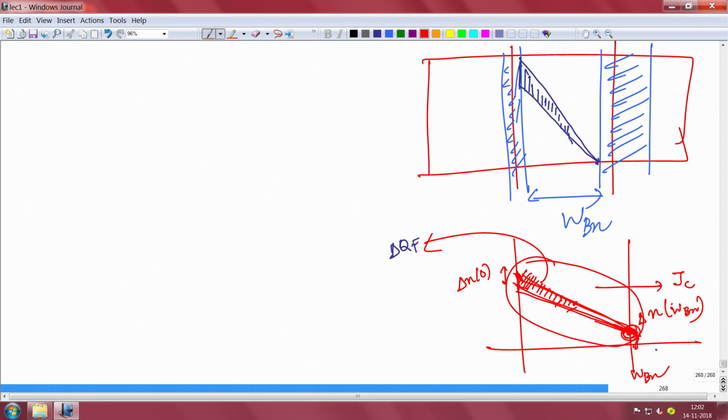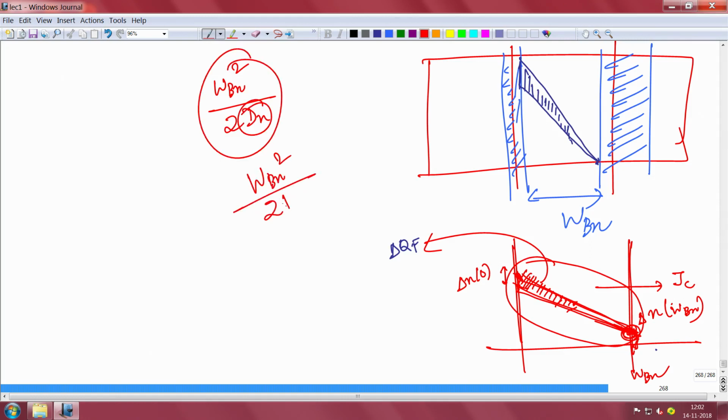That component is very important in the base delay, and that component is basically given by WBN square by 2Dn, where Dn is the diffusion coefficient, okay. So this component WBN square by 2Dn tells you the charge that is stored in the base divided by the current that is clearing it out, that ratio, okay, how fast you are clearing out the charge stored in the base. This is what it tells.